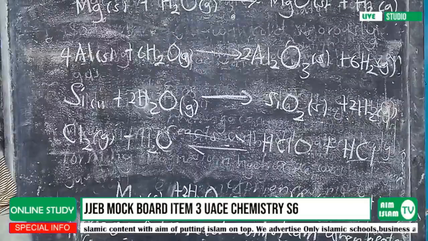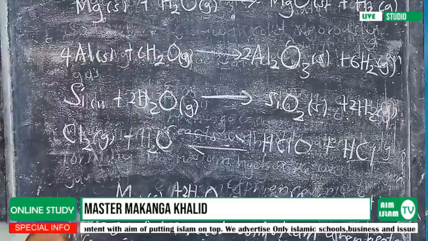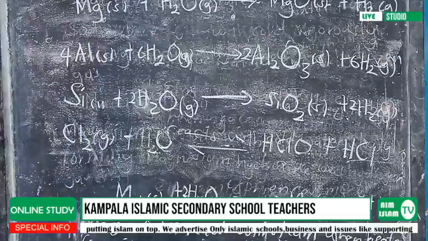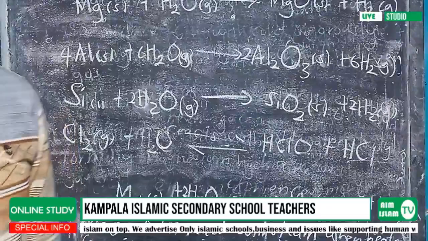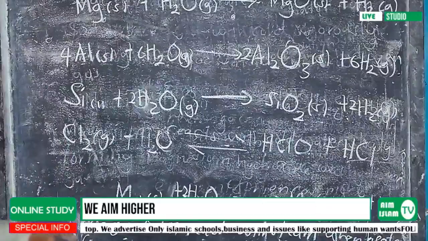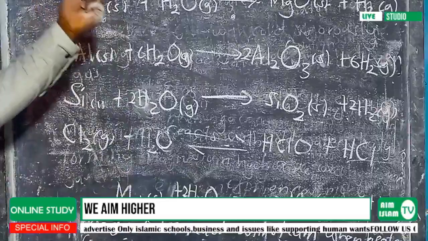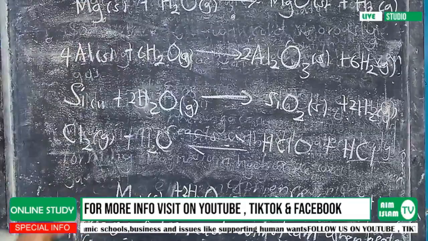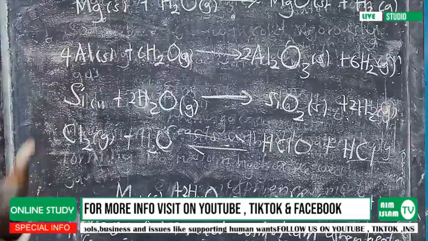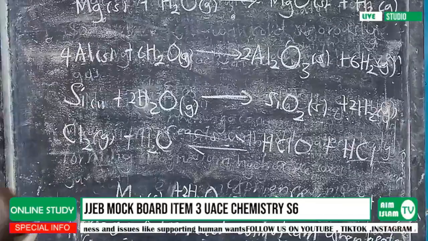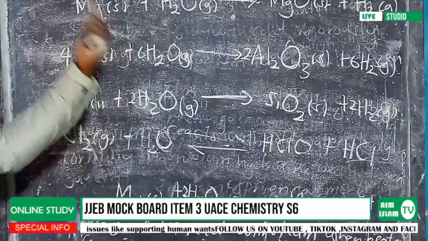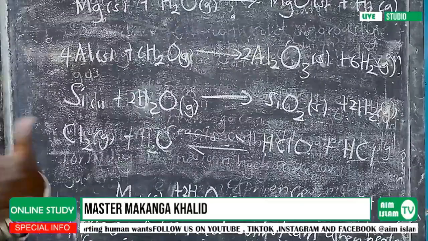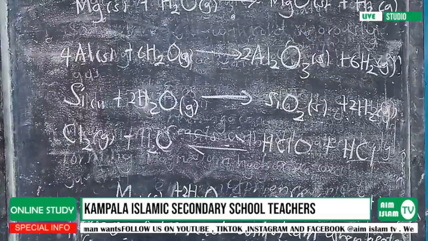Then to talk about the reaction with acids. How will each react with the acid? Sodium and magnesium react with dilute hydrochloric acid, forming sodium chloride and magnesium chloride.